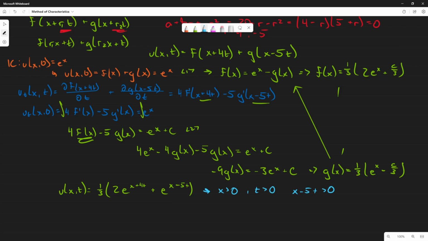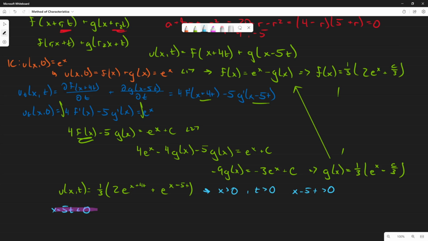So what that essentially means is if we have x minus 5t being less than 0, then this solution just becomes invalid. So what we have to do now is find the second part of this solution that will satisfy x minus 5t being negative.